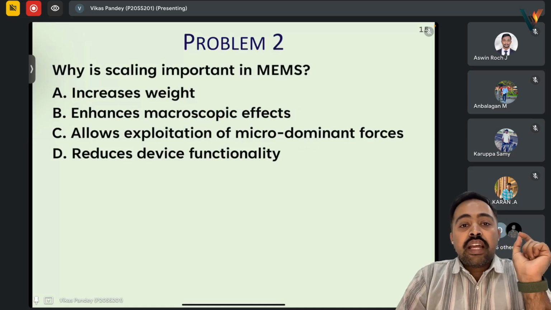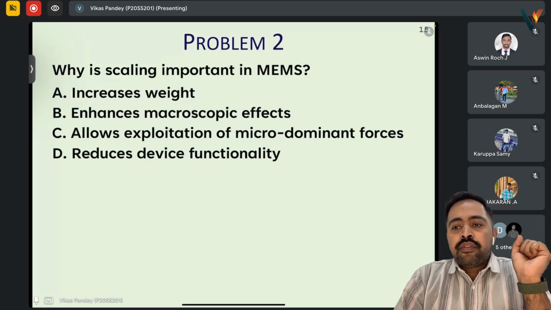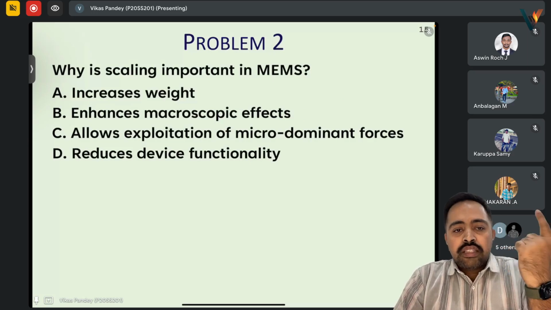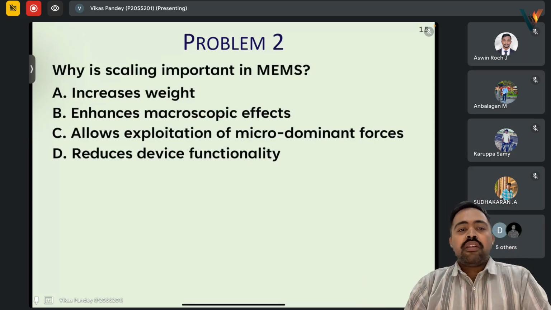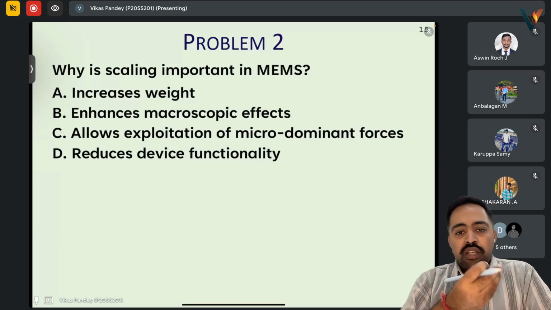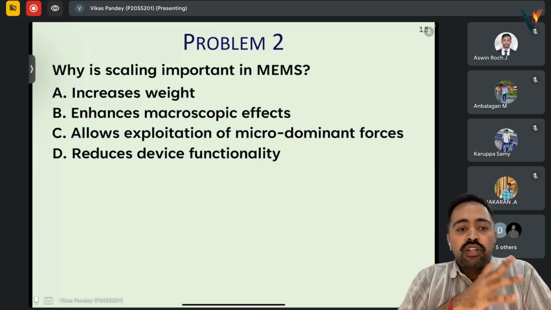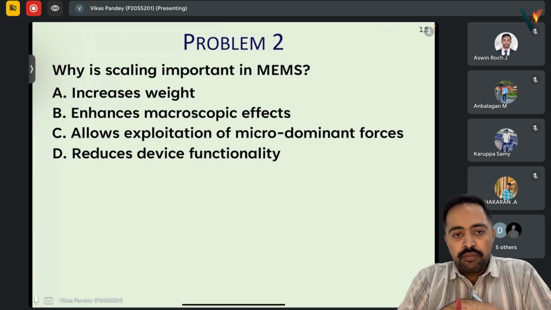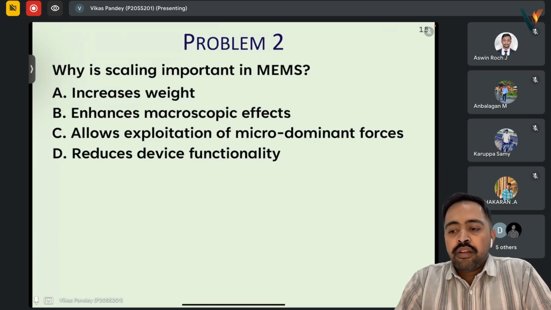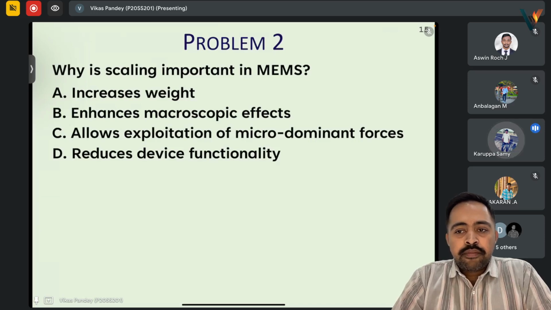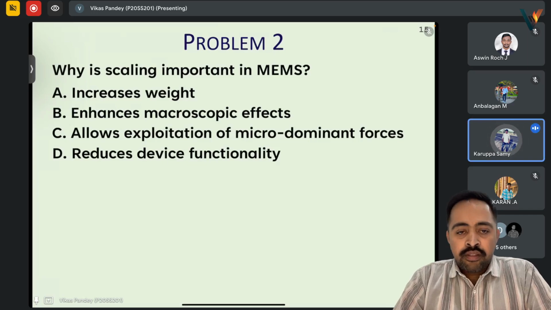Why is scaling important in MEMS? It increases weight, enhances the macroscopic effect, allows exploitation of microdominant forces, or reduces device functionality. Yes, anyone? The third one, allows exploitation of micro dominant forces. Yes.